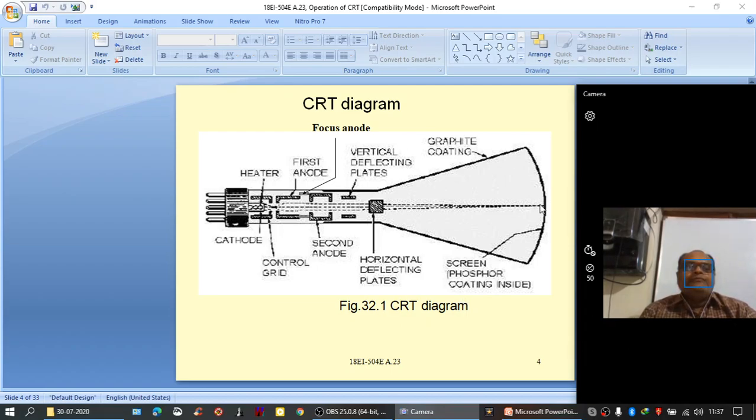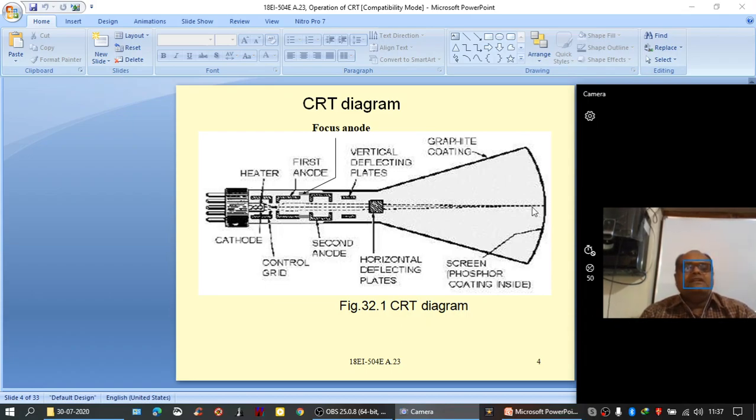Now the electrons, accelerated to very high velocities by the very high potential, will come and hit the surface of the CRO screen, that is the phosphor coating. And of course, the kinetic energy is imparted to the phosphor material and a luminous spot is generated.